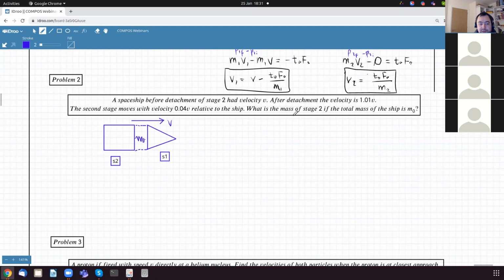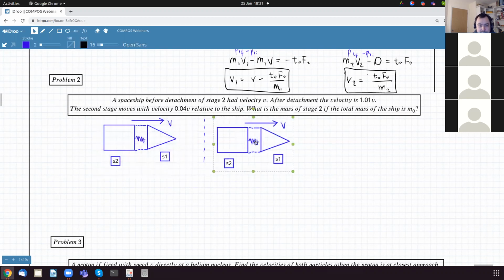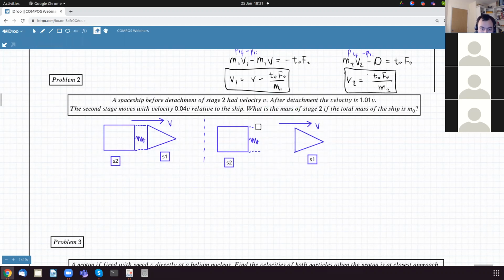After detachment, the velocity. So what I like to do is draw before and after. So before detachment and after detachment. After detachment, this goes with velocity 1.01 v.